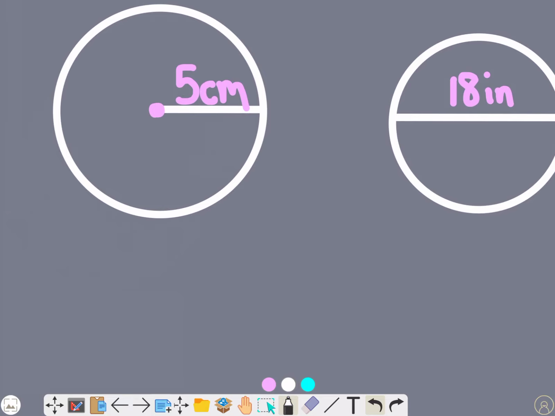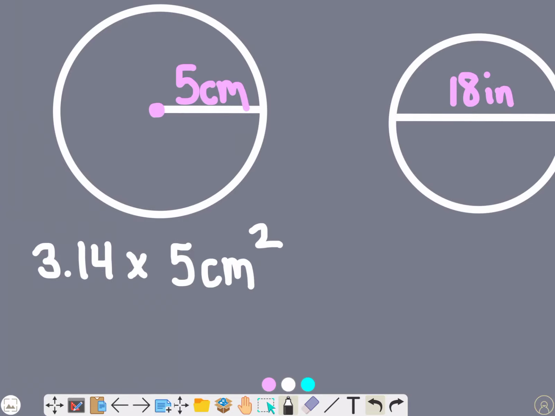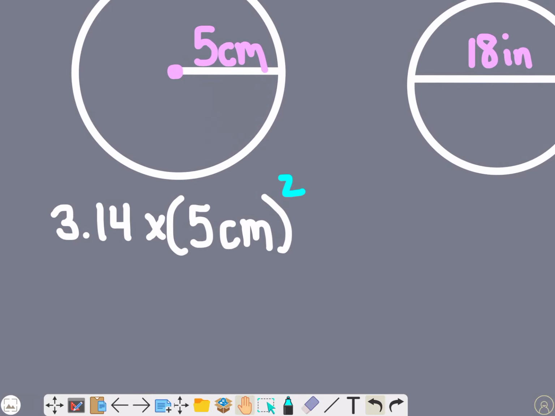That's our formula. So pi is 3.14 times our radius squared. Now, our radius is 5 centimeters, and we need to square that, not just the centimeters, we need to square the whole thing. So if you remember GEMDAS, grouping, exponents, multiplication, division, addition, subtraction, in this particular problem, exponents will go first.